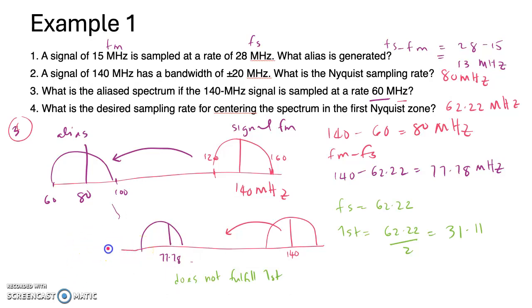Let's try to draw this. Down converting again, 77.78 minus 62.22 will give me something at 15.56. Does this fulfill the first Nyquist zone? I think so, because this is within the range of the first Nyquist zone.